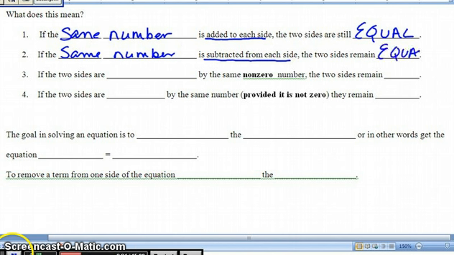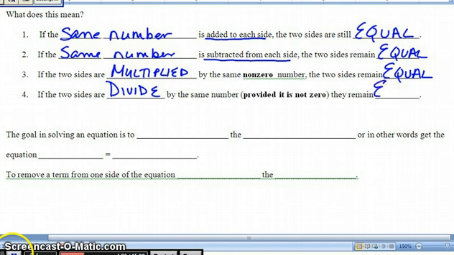When we move on to multiplication, if the two sides are multiplied by the same non-zero number, then the two sides remain equal. And lastly, if we divide both sides by the same number, and remember we can't divide by 0, they remain equal as well.